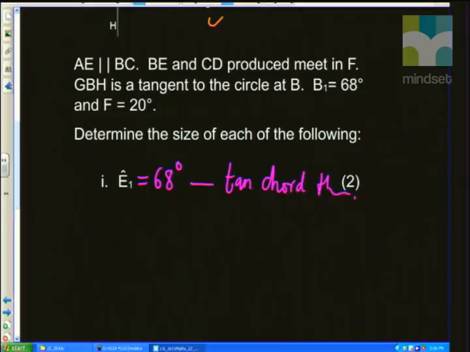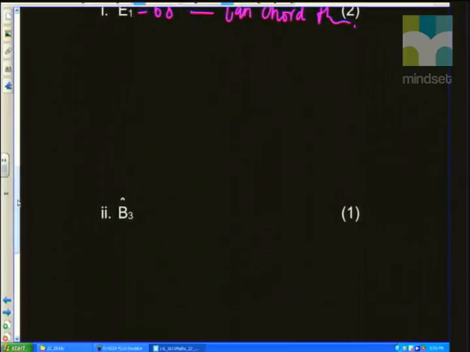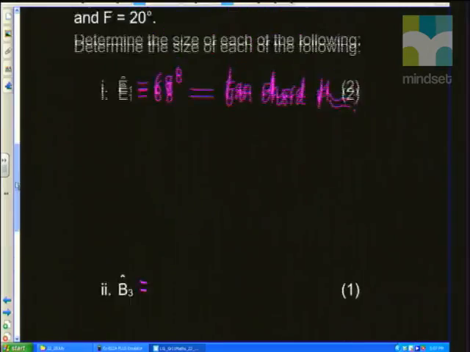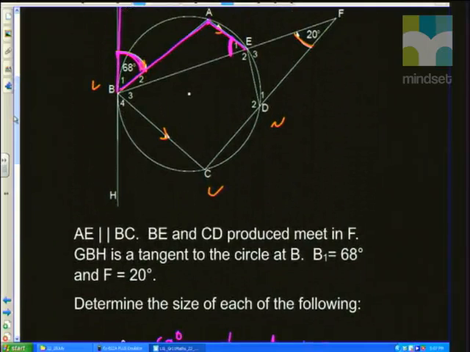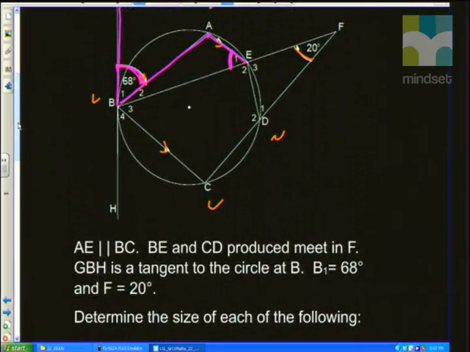Right. And then now we move on to the second one, B3. So you need to find B3, okay? Now, this is where B3 is. Looking at our diagram, we've got this as 68, right? And the other thing that they told us is that AE, so you see where AE is, AE is parallel to BC.